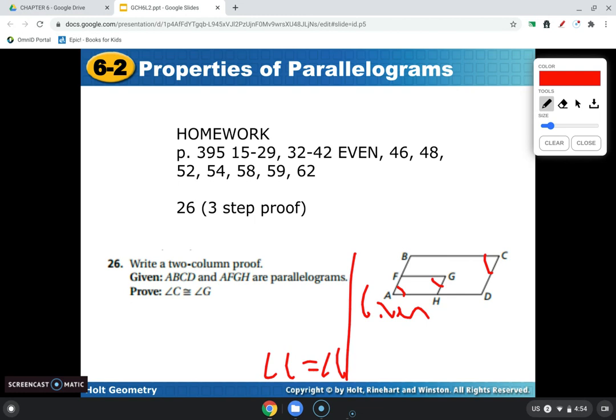So A is congruent to G, and A is congruent to C, because opposite angles of a parallelogram are the same. Then if A is G and A is C, then we could say angle C is angle G.